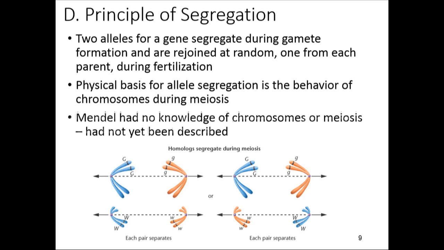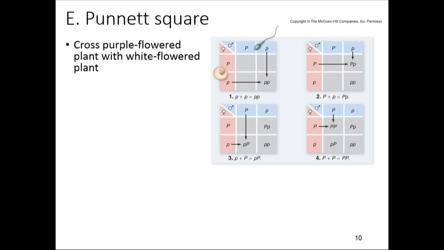And we know this happens because we know what happens during meiosis. Gregor Mendel did not know this, but we know that the alleles on different chromosomes line up in the middle of the cell in random fashion, and then they come back during fertilization, and you get one from each parent. But they are not linked in any way, or at least not in these genes.